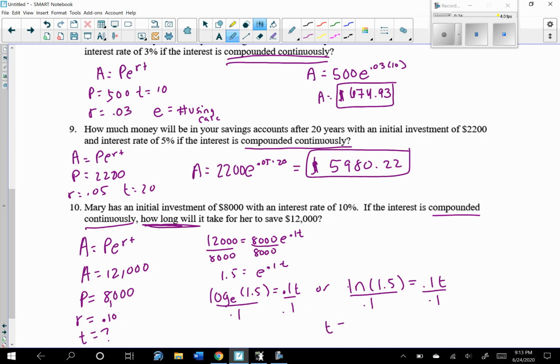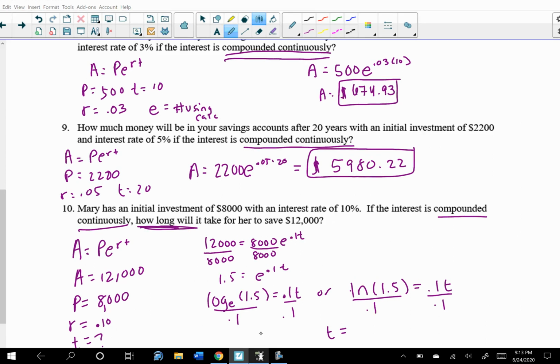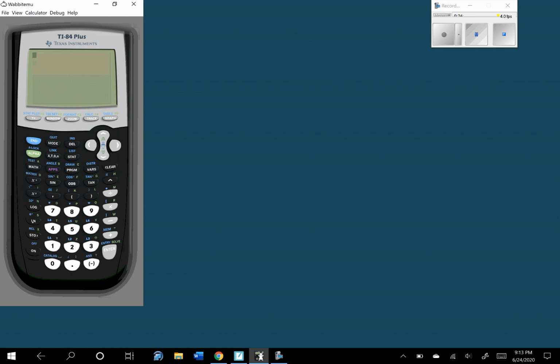And so t is equal to, I'm going to go ahead and use the natural log on my calculator because it's faster. So the natural log uses base e always, of 1.5, and divide that by 0.1, which gives us 4.05 years.